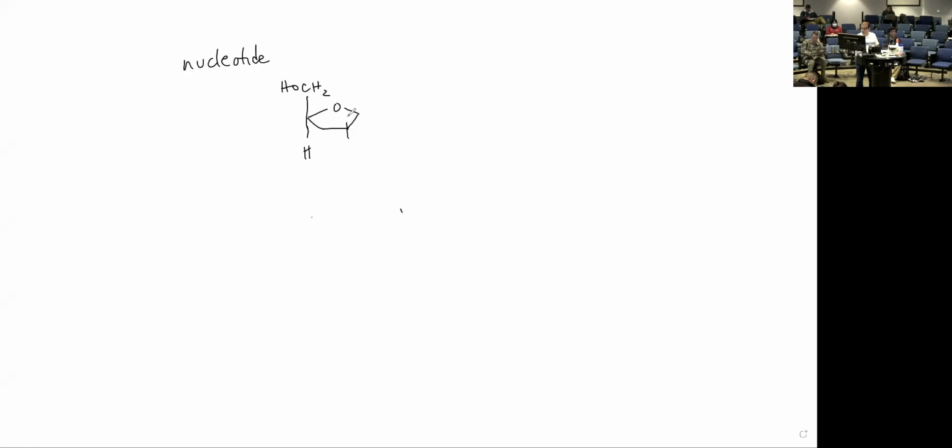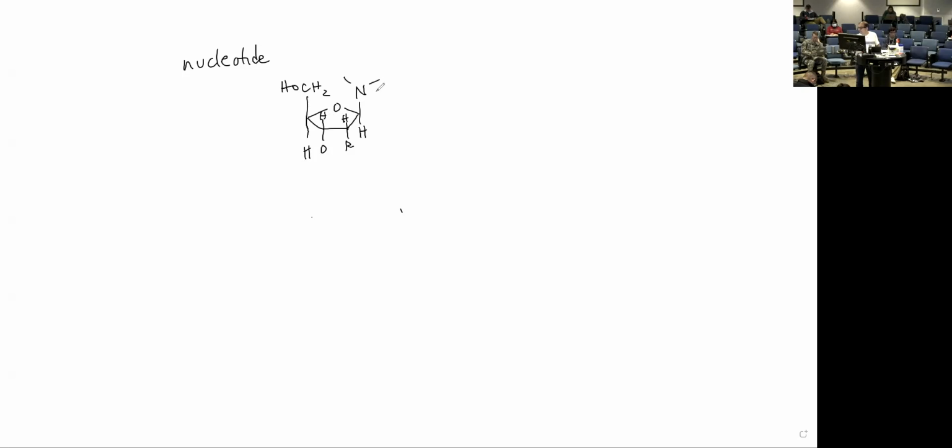Ribose is a 5-carbon sugar, and I'll put R here because that's going to be what determines whether it's a DNA type nucleotide or RNA type. And over here is going to be your nitrogen base, whichever it might be.